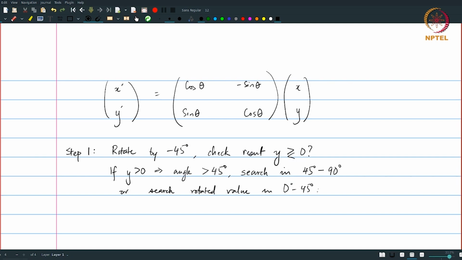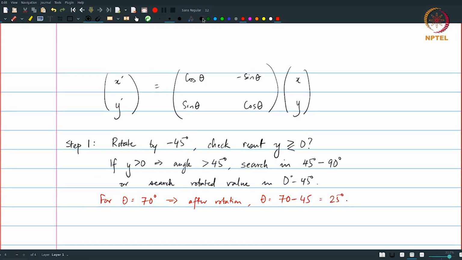Okay. So in our case, for theta equal to 70 degrees, after rotation, theta is equal to 70 minus 45, equal to 25 degrees. So let's go to step 2.